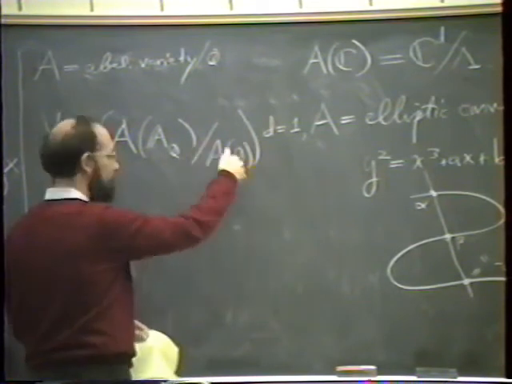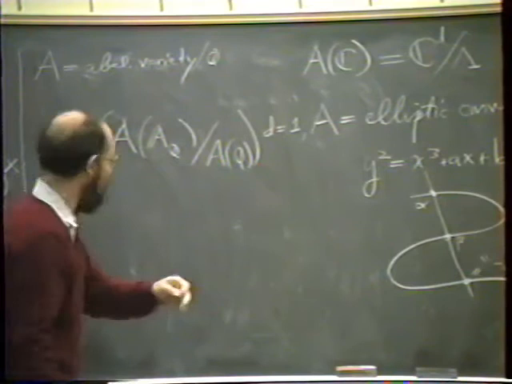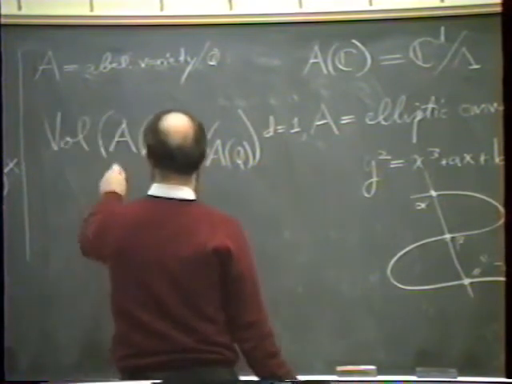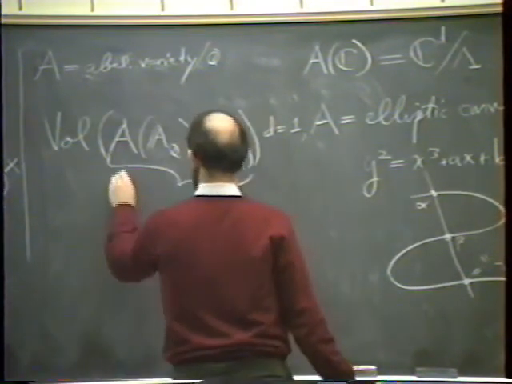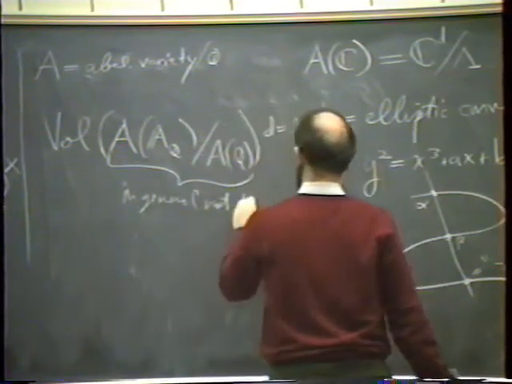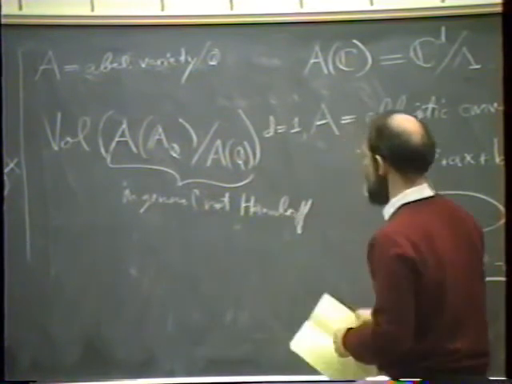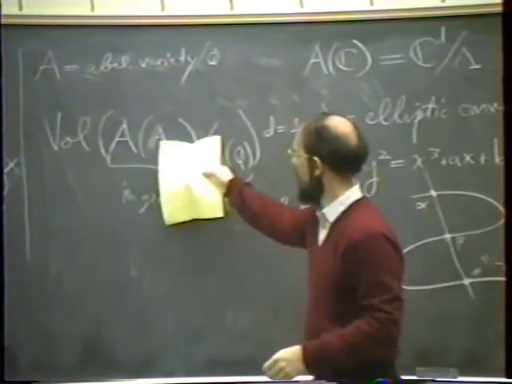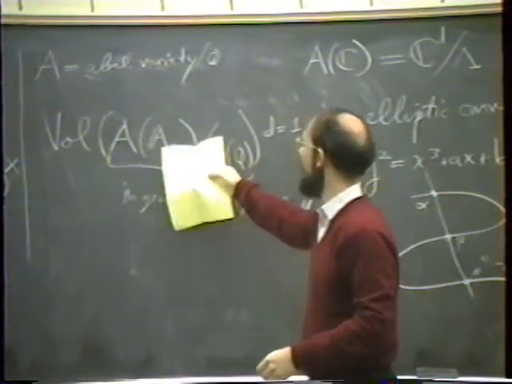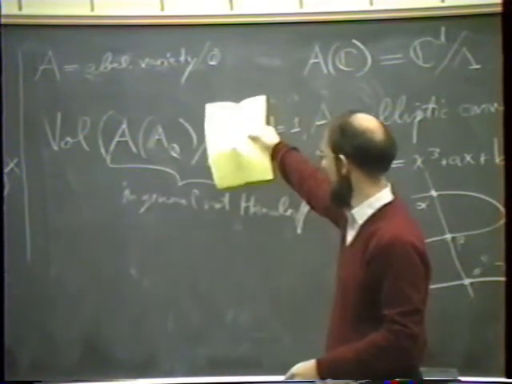Okay, well, don't worry. I don't have time to get into that. So this is in general not Hausdorff. So what you have to do is take some extension of A. There's some canonically defined extension of A, and achieve in that way a Hausdorff space.